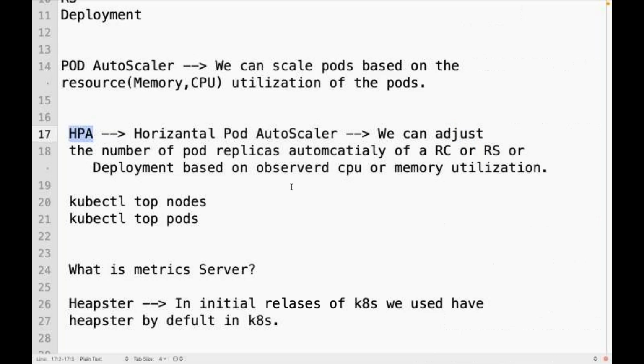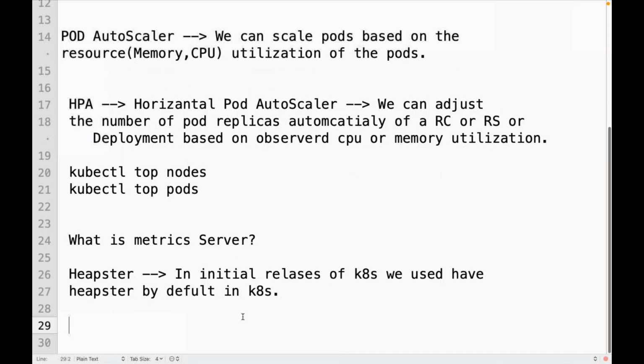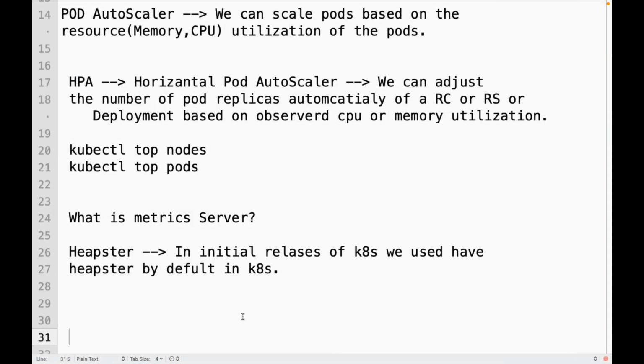What is my cluster capacity? What is the capacity of each of my nodes as of now? One CPU, 1 GB RAM, workers. The master machine has 2 CPU, 4 GB.